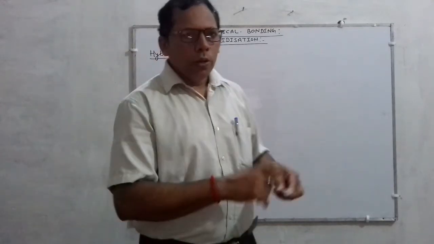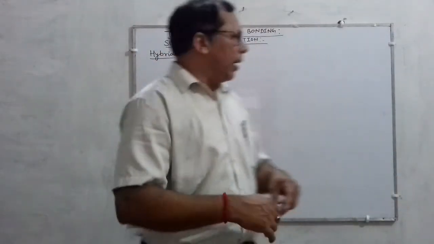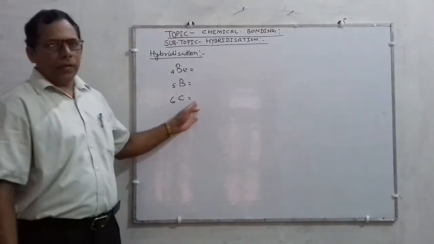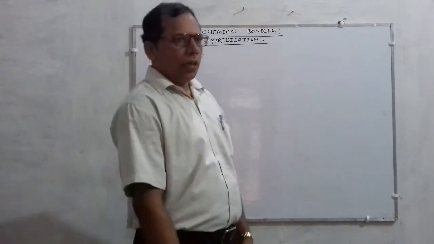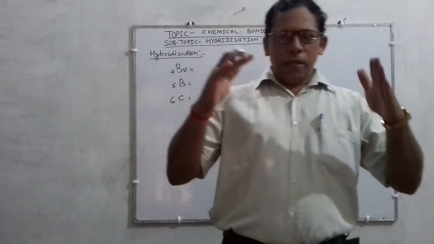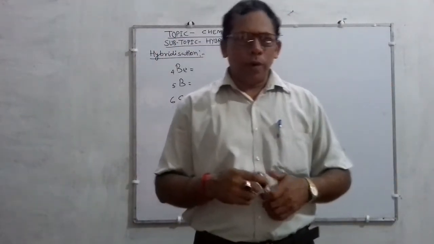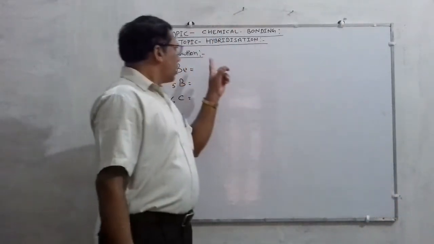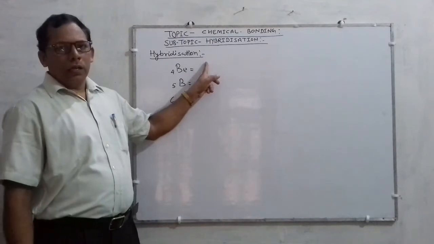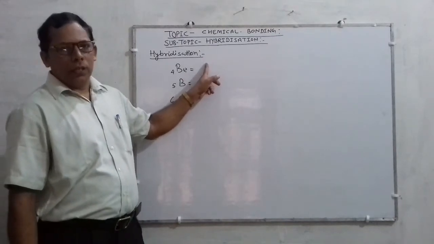Due to this difference in the valencies of such elements, one concept was given by an English chemist, Linus Pauling, in 1931, and the theory was called hybridization theory.